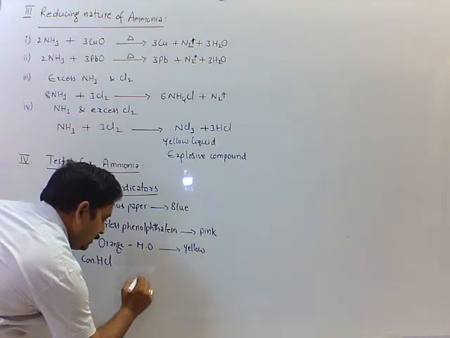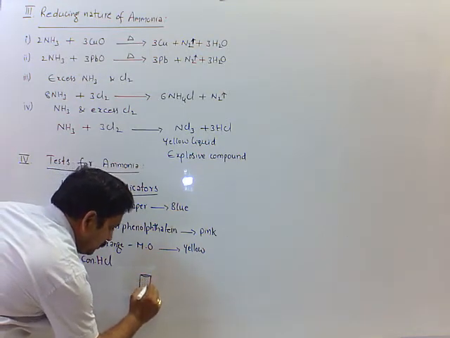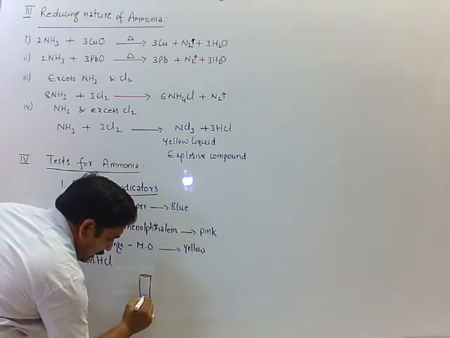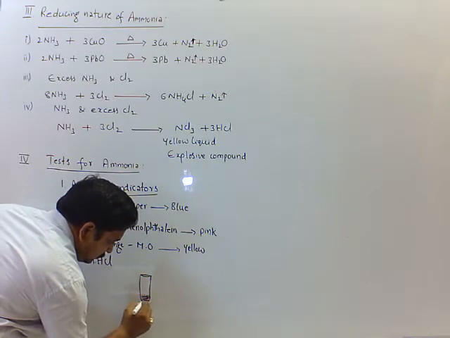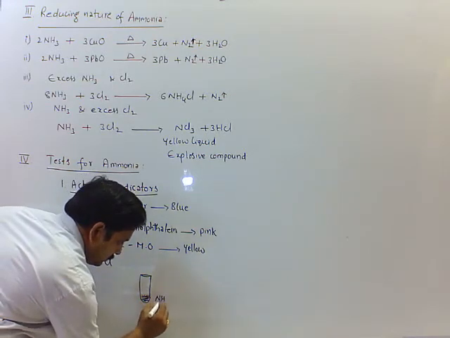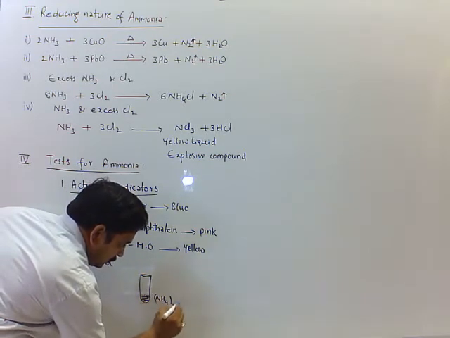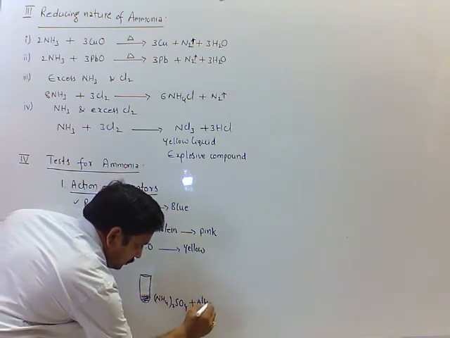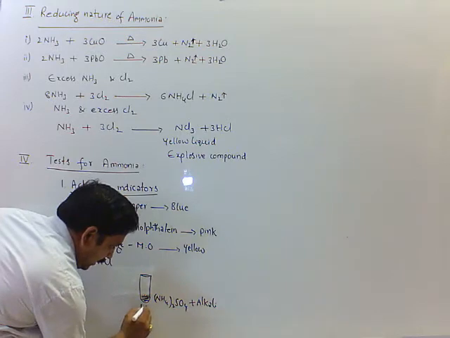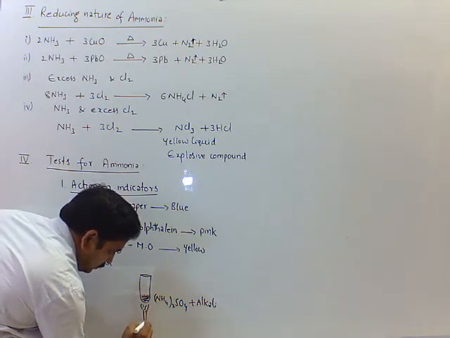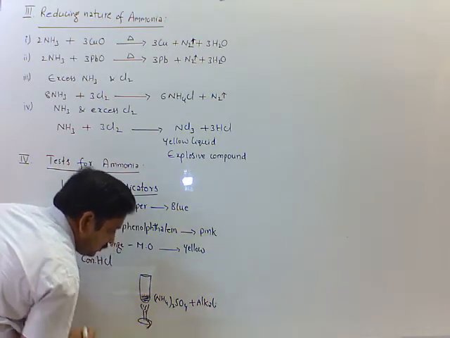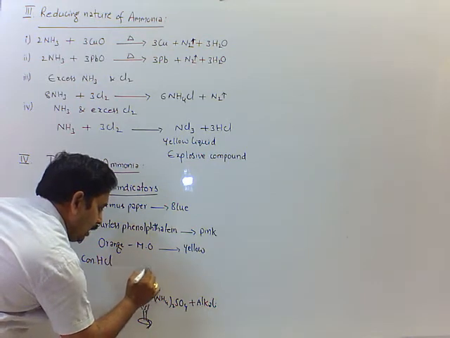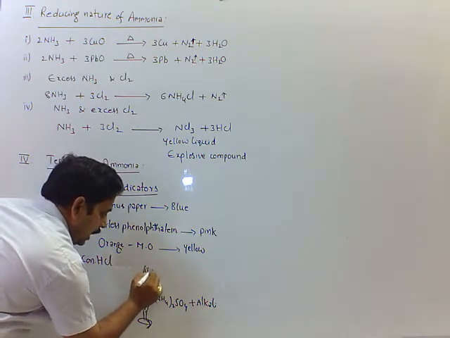See, this is a test tube. It is ammonium sulfate and alkali. On heating, it evolves ammonia gas.